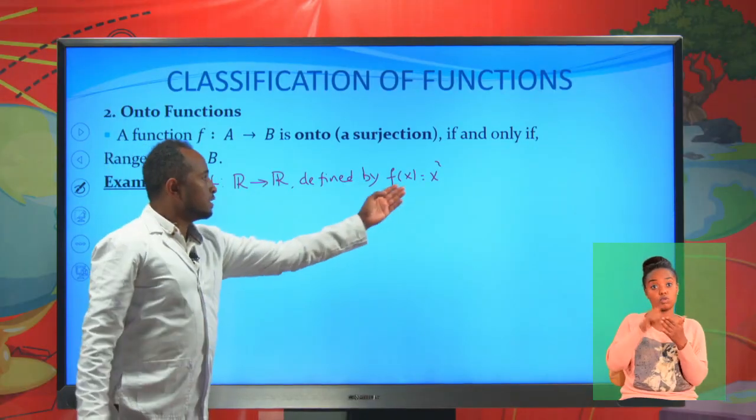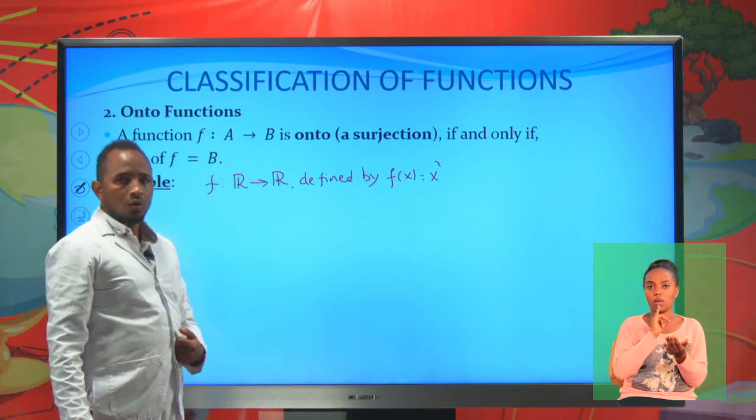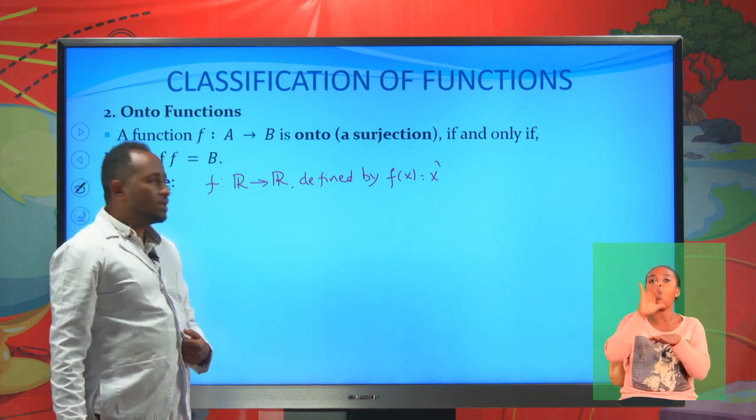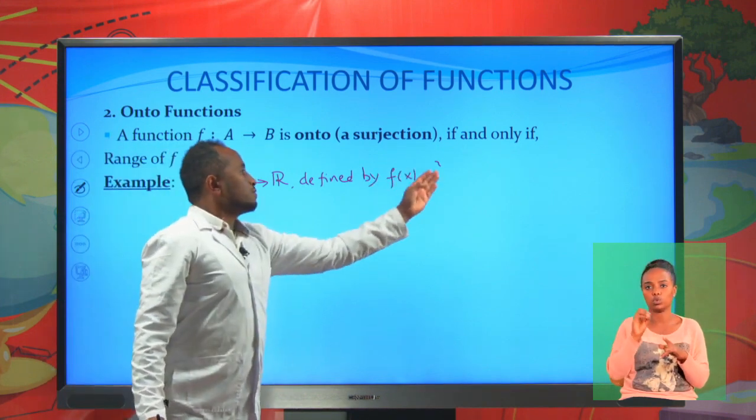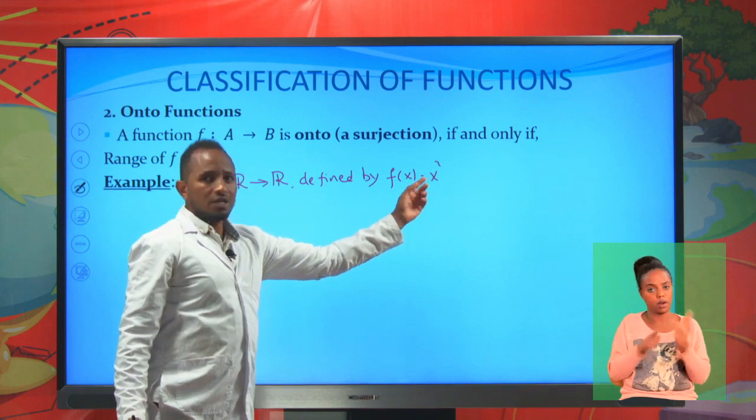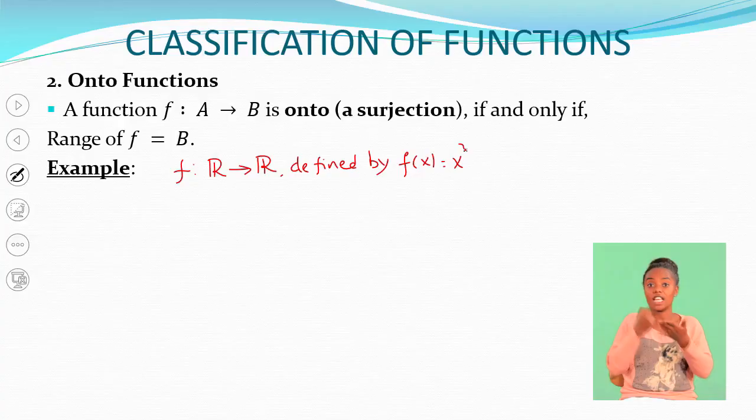To check whether this one is onto or not, simply determine the range of this function. If the range gives you the codomain, the function will be onto, otherwise not.